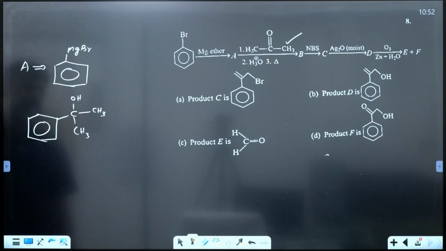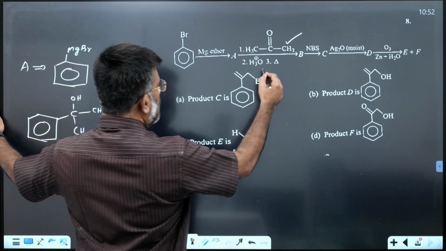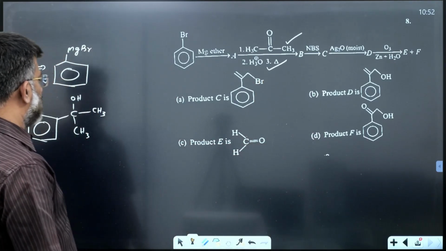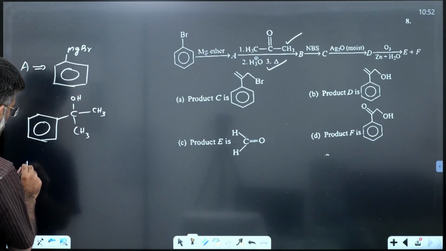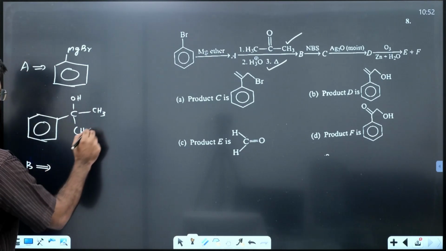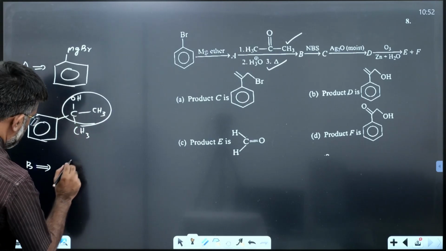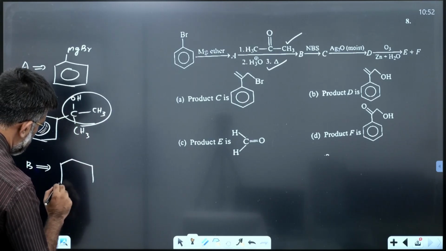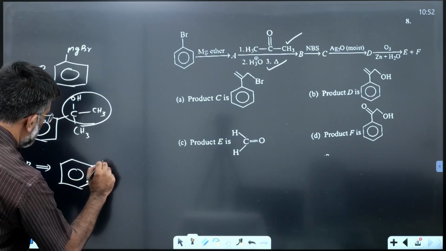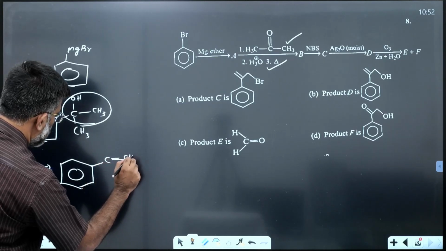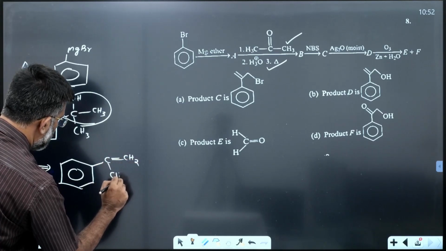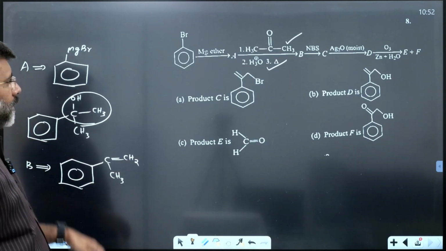This is what you get. But that subsequently treated with acid medium and heating, there will be dehydration, and that will be compound B. So compound B will be an alkene. This will be compound B.